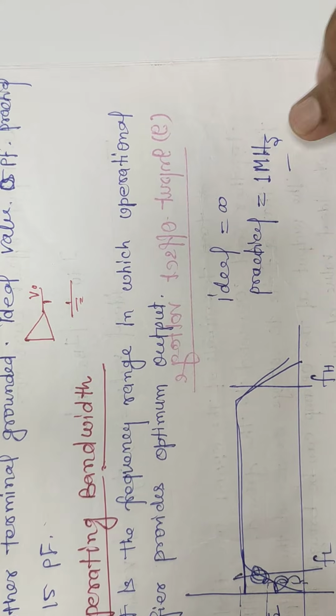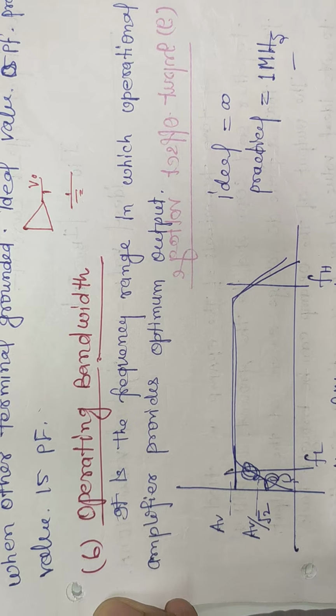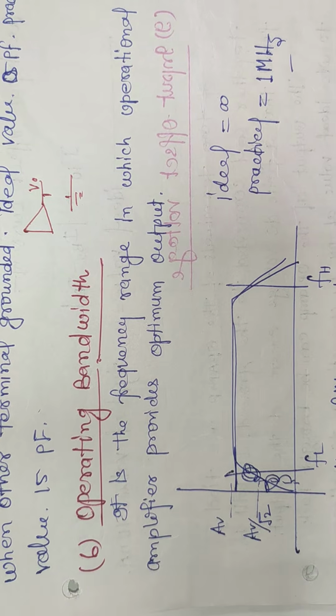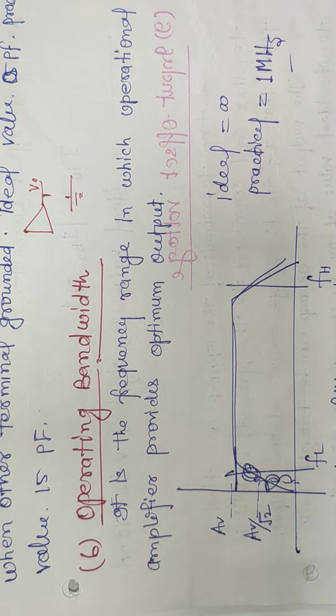Next parameter of operational amplifier, next property of operational amplifier is operating bandwidth or frequency range of operation. This is the range of frequency in which operational amplifier provides optimum output.